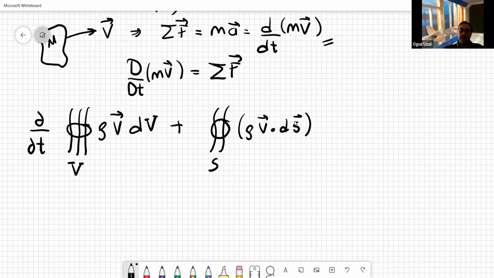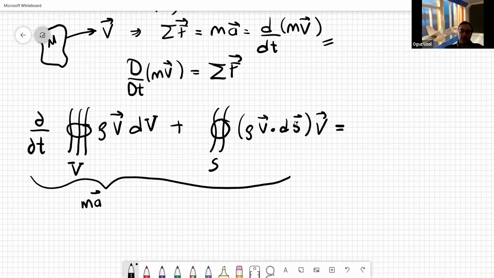So dS is basically area, and therefore the unit normal direction of a surface is involved, times velocity. So this entire thing that I've just written corresponds to basically mass times acceleration in short, for a fluid particle written in the Lagrangian sense. It corresponds to that. Now, of course, on the right-hand side, we need sigma F.